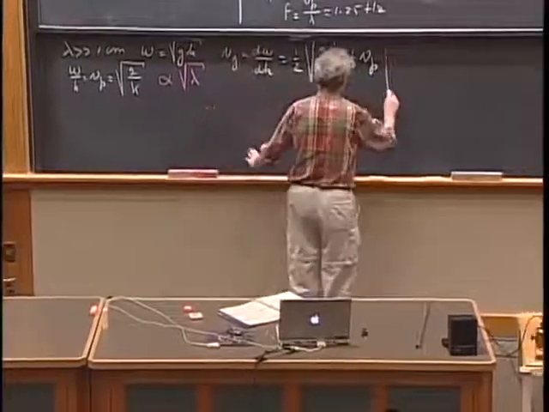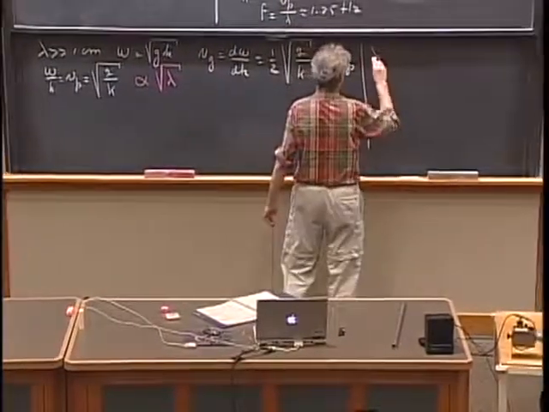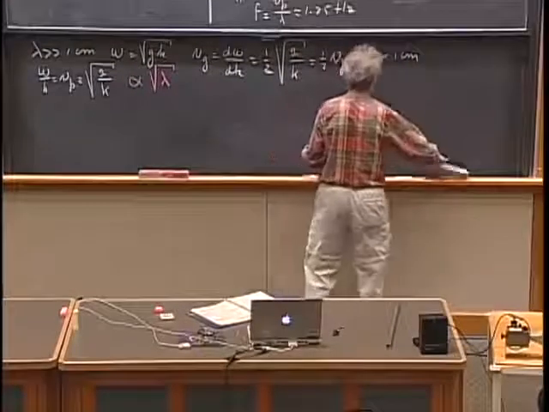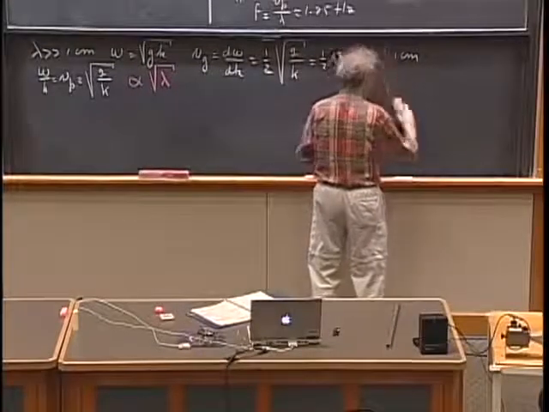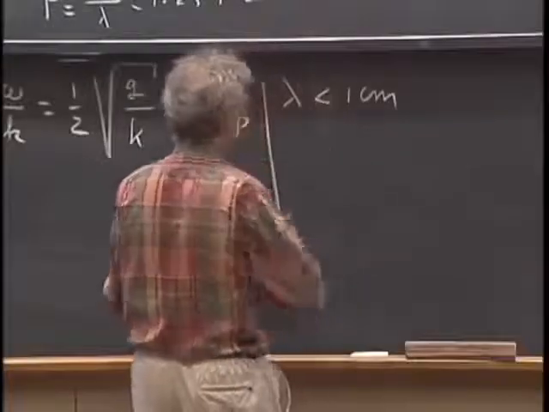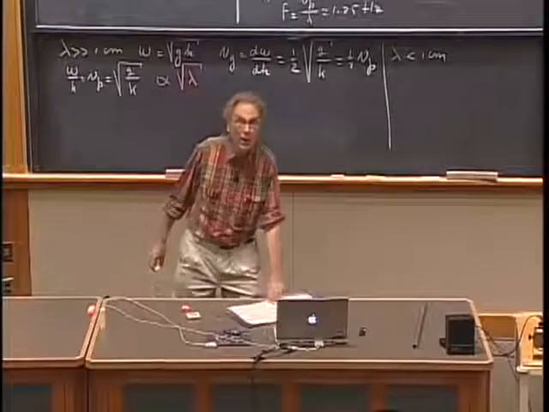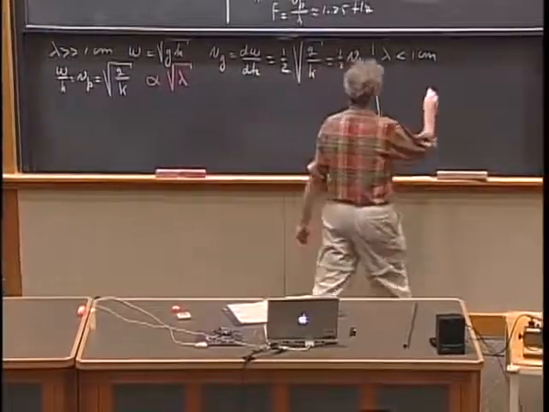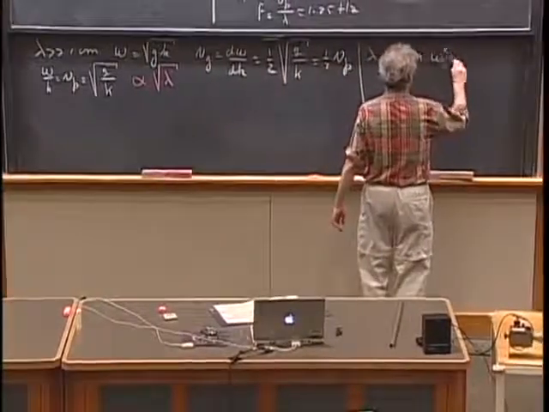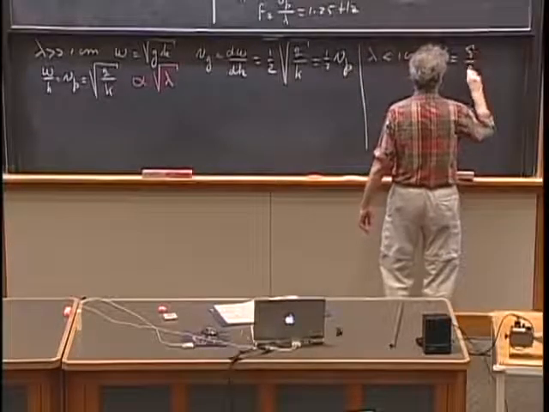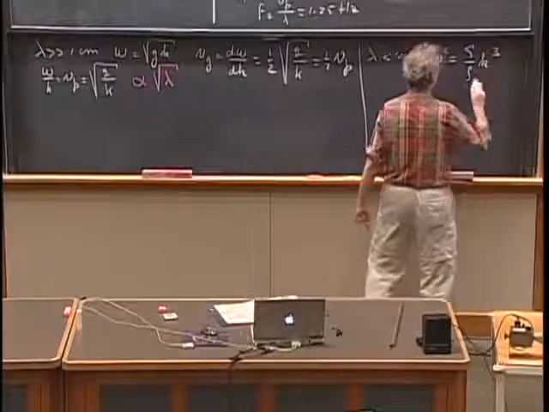So let's now take the situation that lambda is much smaller than 1 centimeter. It doesn't even have to be all that much smaller, but just smaller than 1 centimeter. Then it's the second term that completely dominates. So now you get that omega squared, to a very good approximation, is S divided by rho times k to the third.